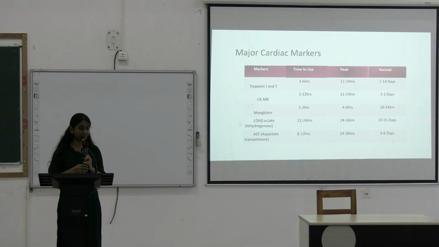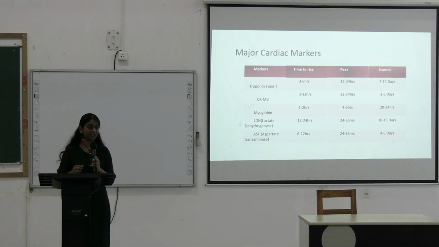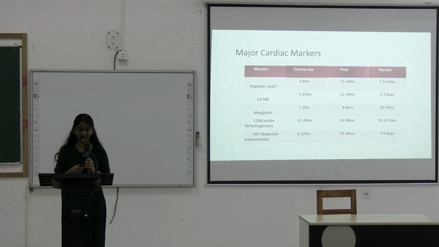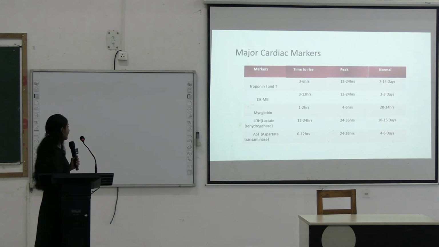The cardiac muscle gets damaged and the cytoplasm ruptures. The sarcolemma of the cardiac muscle ruptures, and all the fluid inside starts getting into the circulation, and that's how cardiac markers are detected in the blood.